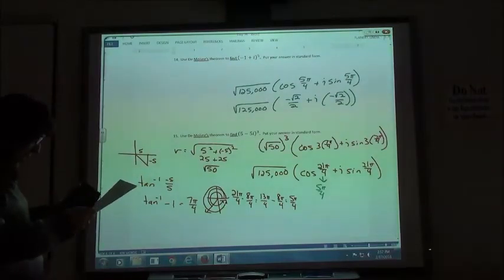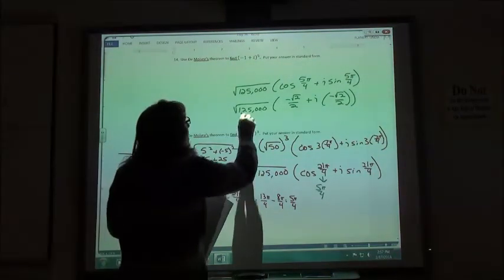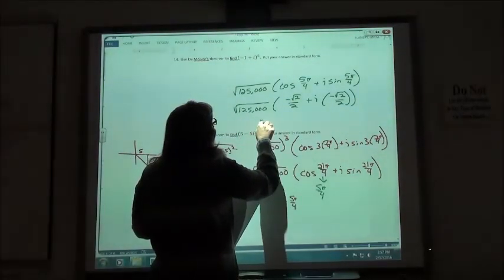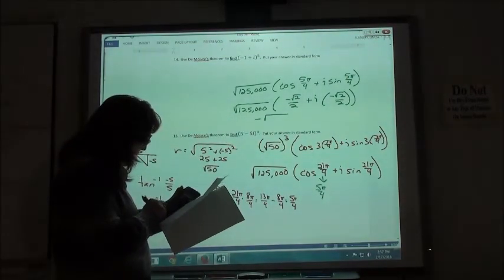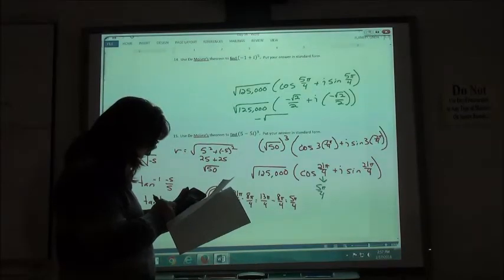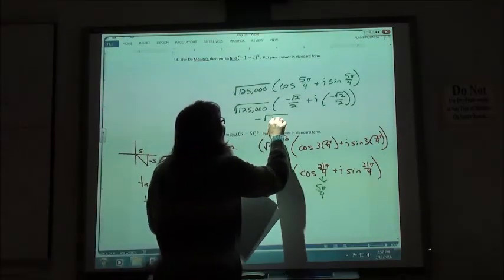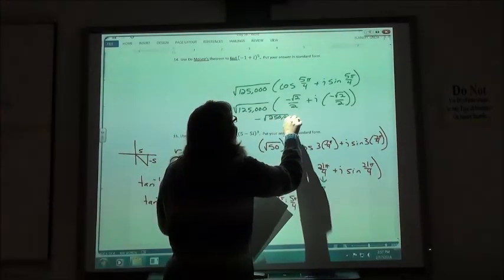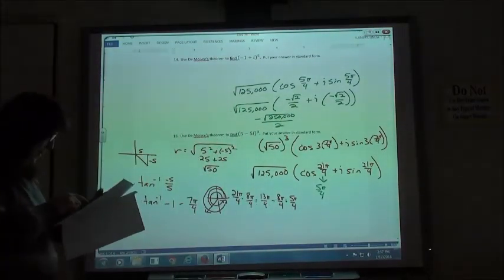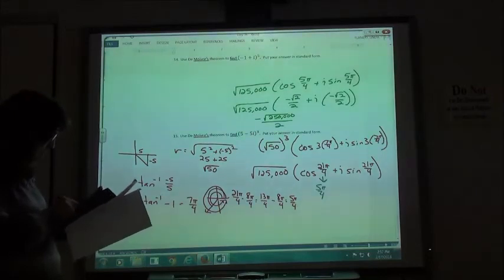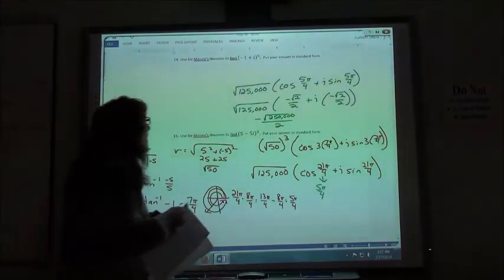So checking this out, I am going to multiply. So I'm going to have negative the square root of 125,000 times 2, which is 250,000 over 2. Let's see if that happens to come out nice. So the square root of 250,000, 1, 2, 3. Ha, it does. It comes out to 500.